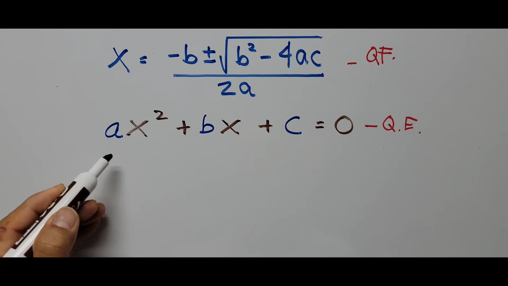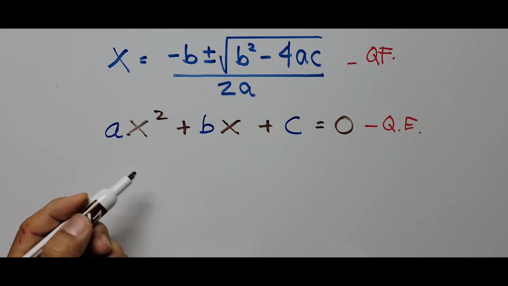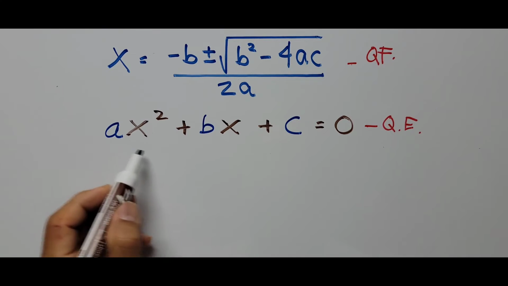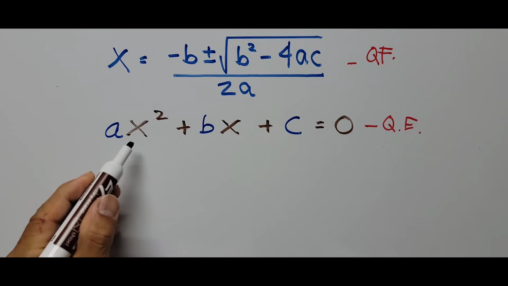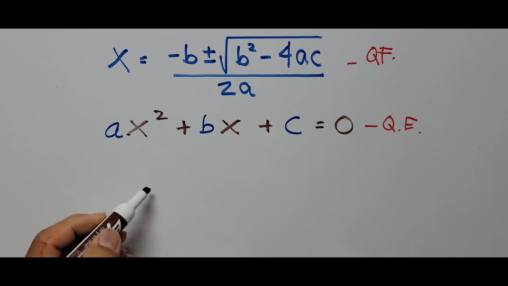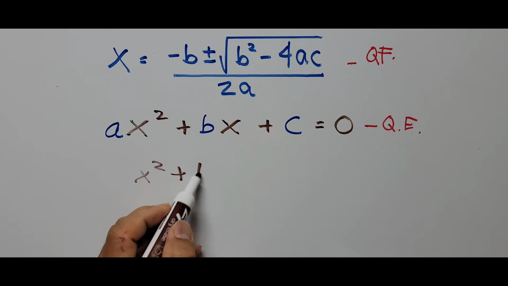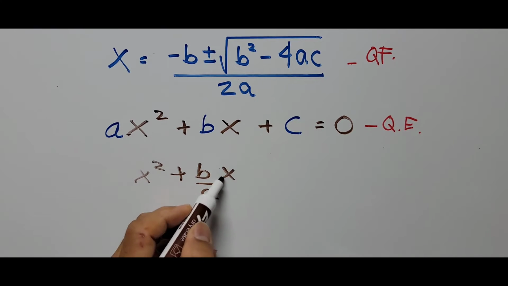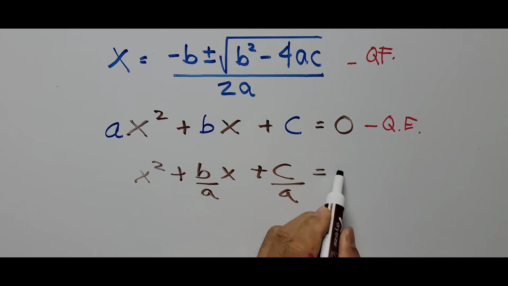All we have to do is remove the coefficient a over here. So all we have to do is divide the whole equation by a. That becomes x squared plus b over a x plus c over a equals 0.